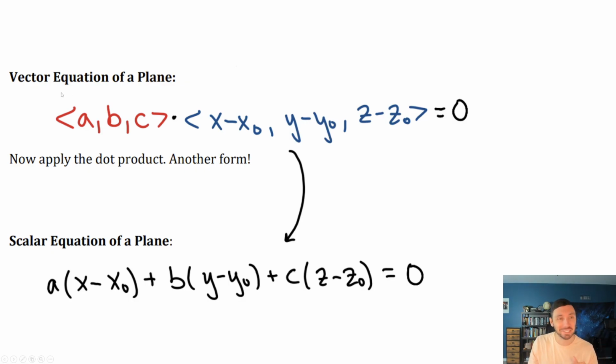I need the dot, by the way, right here. If I were to multiply this out using the dot product, I get a times x minus x naught plus b times y minus y naught. Same story for c, to get the scalar equation of the plane.